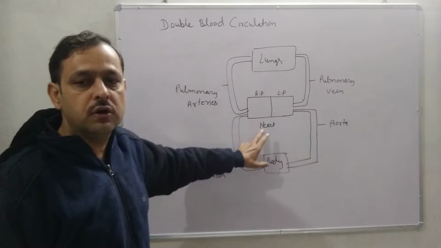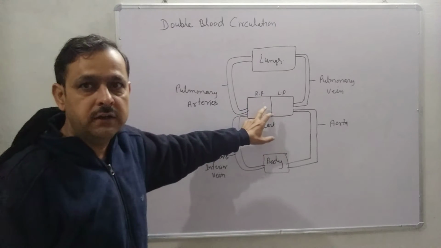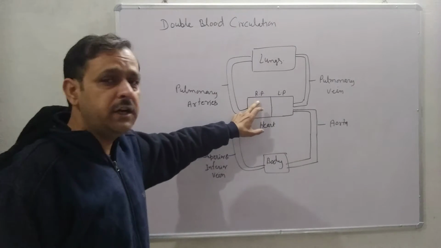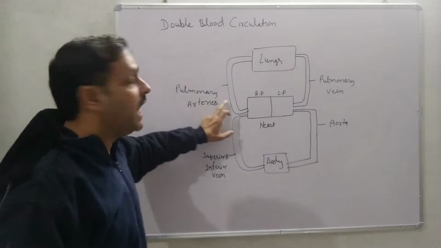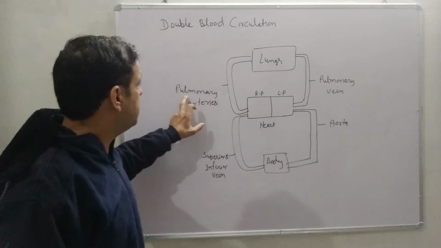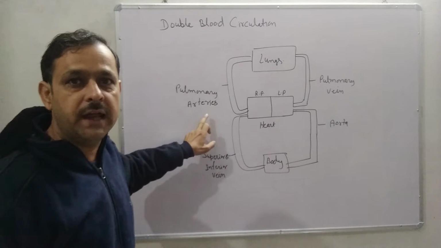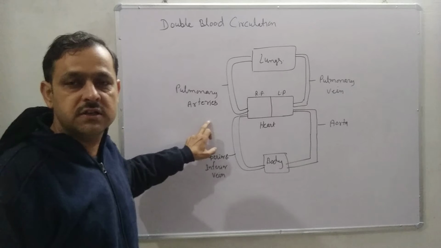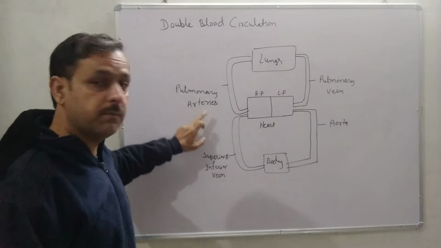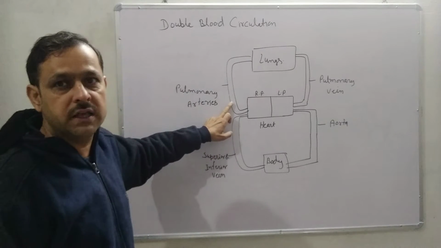This is the heart, so the right part of the heart, and from the right part of the heart, the pulmonary artery. Remember, this is the pulmonary artery. Normally in arteries, pure blood is supplied, but here in the pulmonary artery, impure blood is carried.